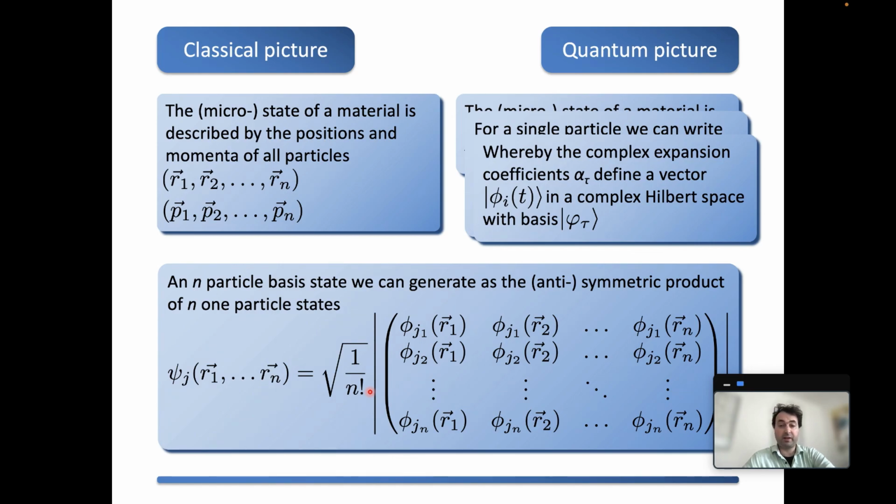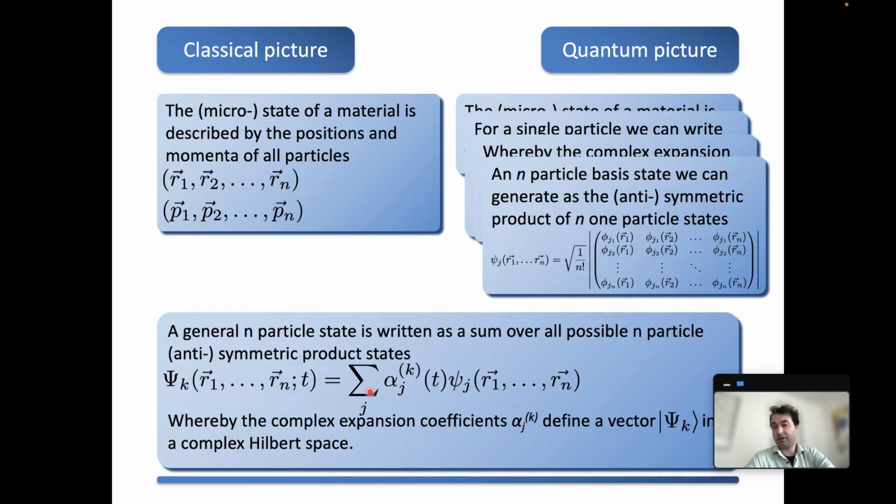So if you want to calculate matrix elements between two n-particle wave functions, you have n factorial squared integrals that you have to solve. They're all very related, and we can simplify the mathematics by using different notation, namely the notation of second quantization. But in principle, if you think of wave functions, this is the number of integrals that you have to solve. So it becomes very quickly very impractical. For an element like gold, we have more than 10 to the 100 terms in this determinant.